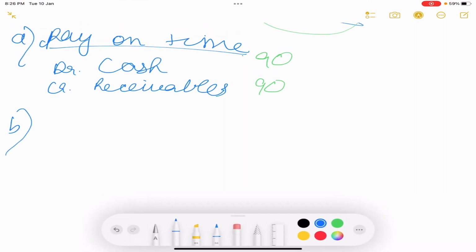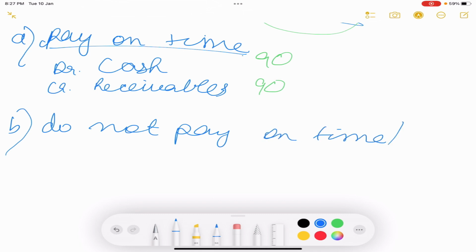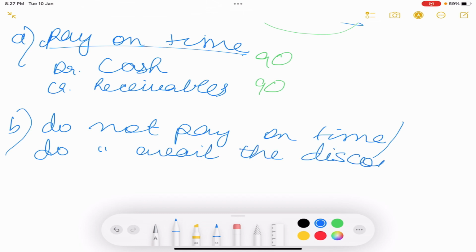The second is that they do not pay. So what does they do not pay mean? Do not avail the discount.